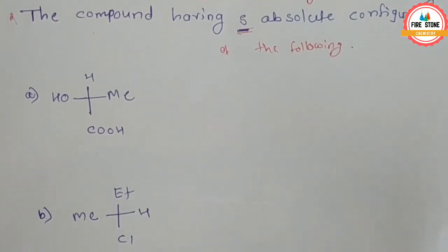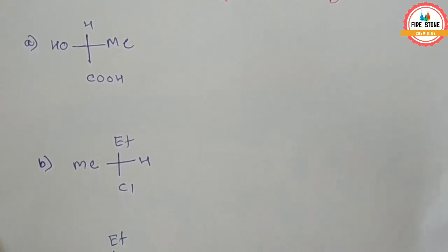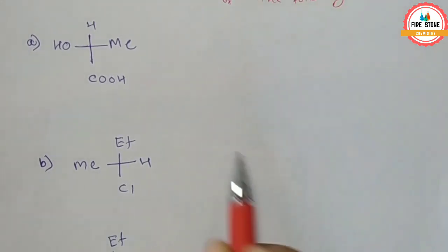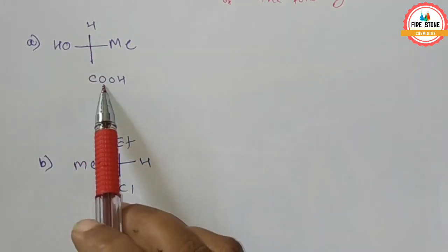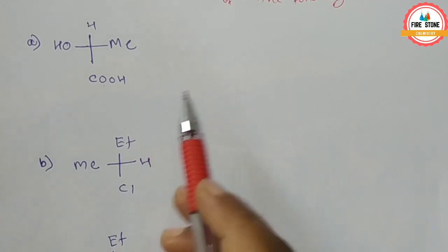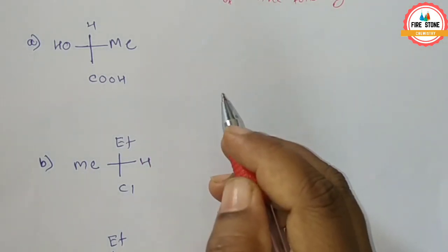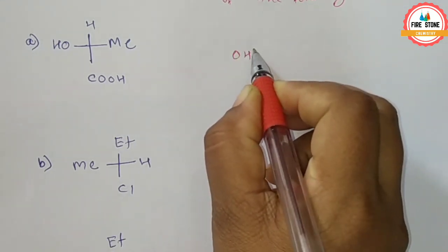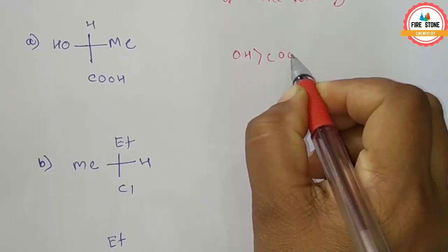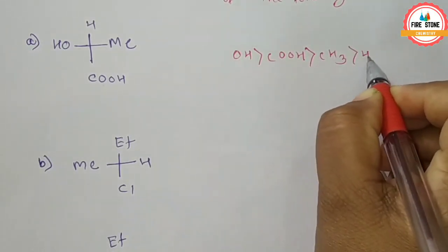So here see the structures. Structure first, that is OH, Me, COOH. Here we give the priority: OH has highest priority, then COOH, then CH3, then H.